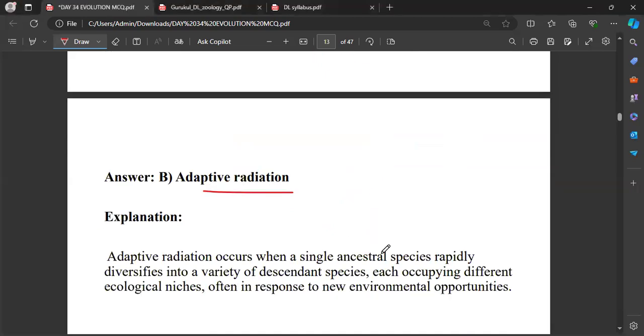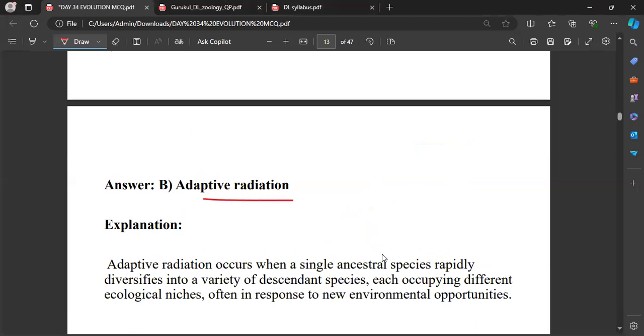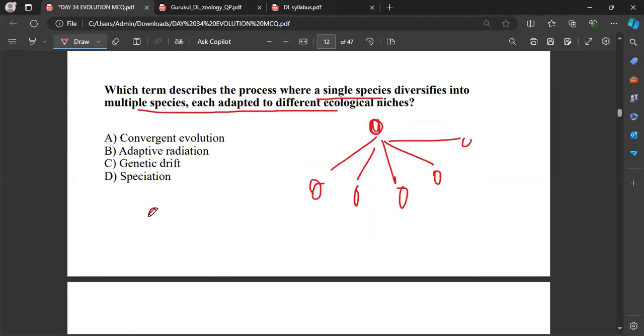Why didn't you people answer this question? In the case of convergent evolution, there are two unrelated species acquiring similar characteristic features, and they are entering into the same ecological niche. That is what convergent evolution is.